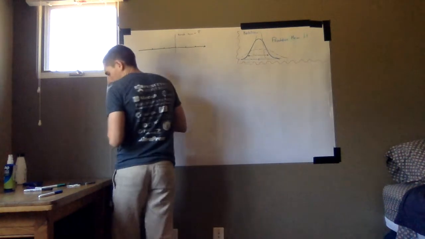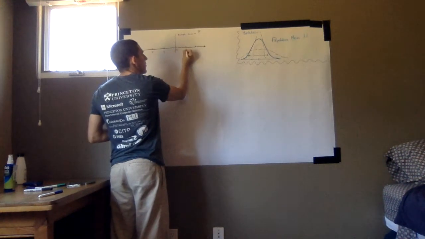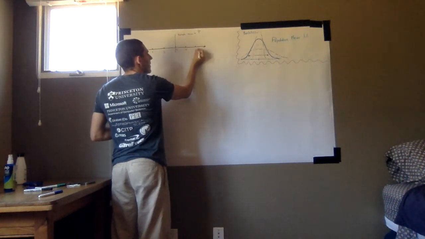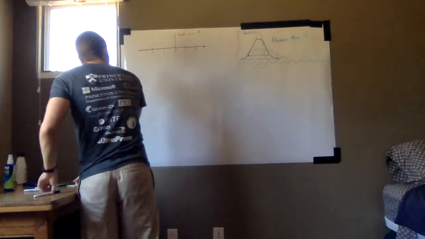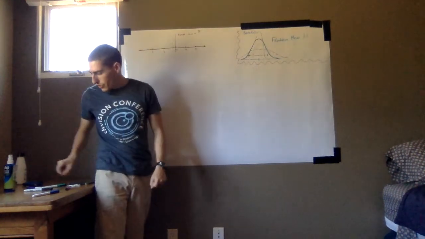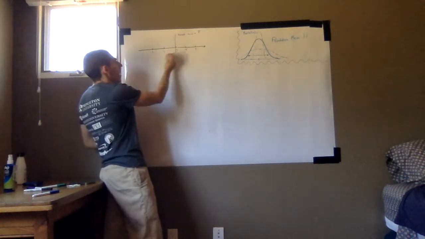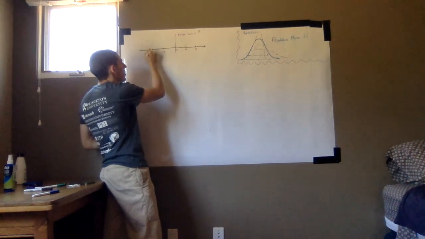So if we label these 1, 2, 3, 4, 5, the deviation of this data point here is equal to 3 minus 1, which is equal to 2.